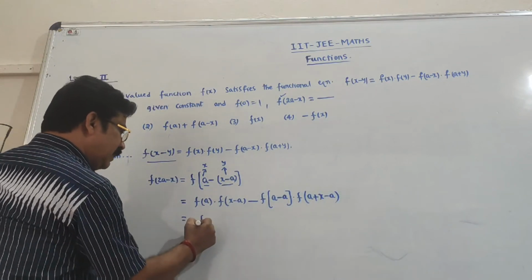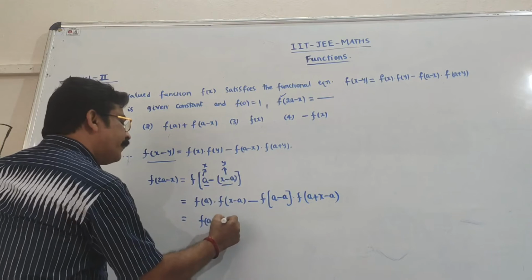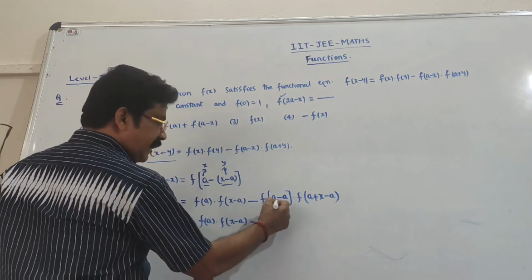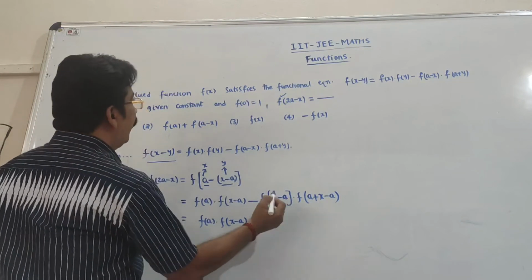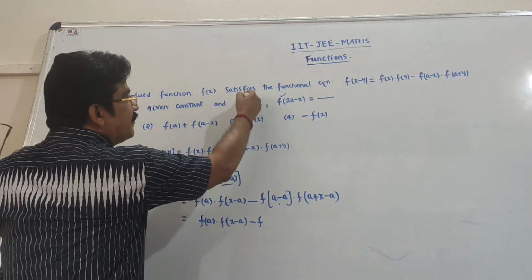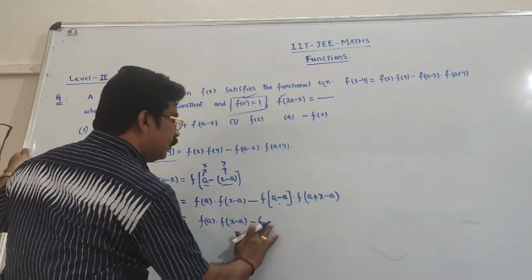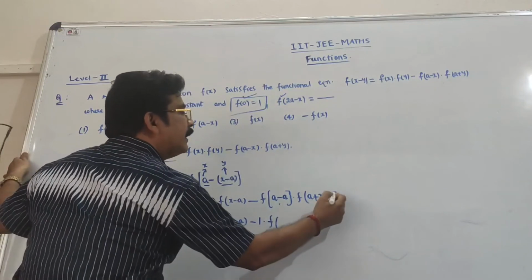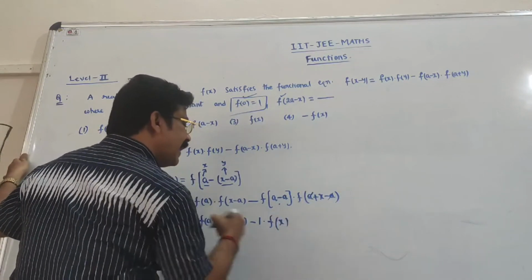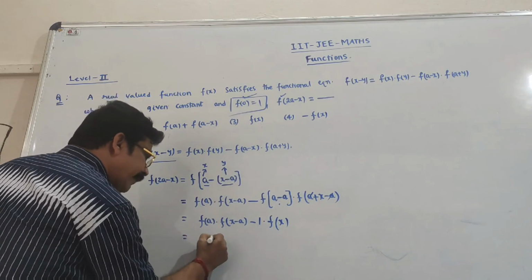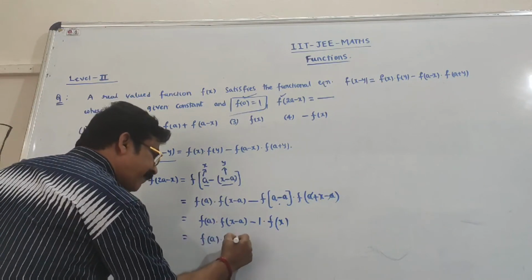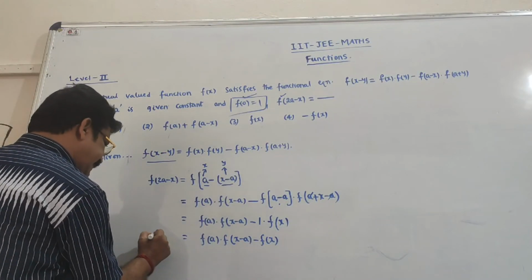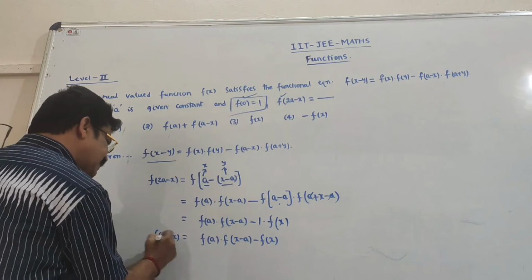So that is equal to f of a into f of x minus a minus f of 0, a minus a is 0. f of 0 value is given, f of 0 is equal to 1. So directly we can substitute 1 into f of a, get cancelled. It remains only f of x. So that is equal to f of a into f of x minus a minus f of x. So this is our question, f of 2a minus x.